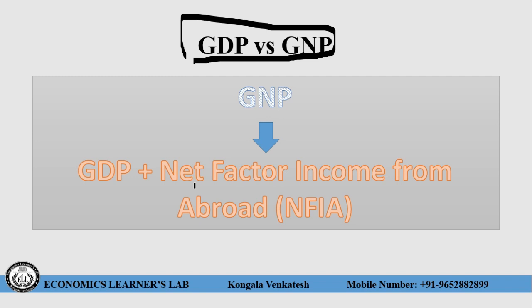GNP is gross national product, and GDP is gross domestic product. GDP includes within-the-country production. GNP includes all people's income all over the world. It's a simple difference between the GDP and GNP.